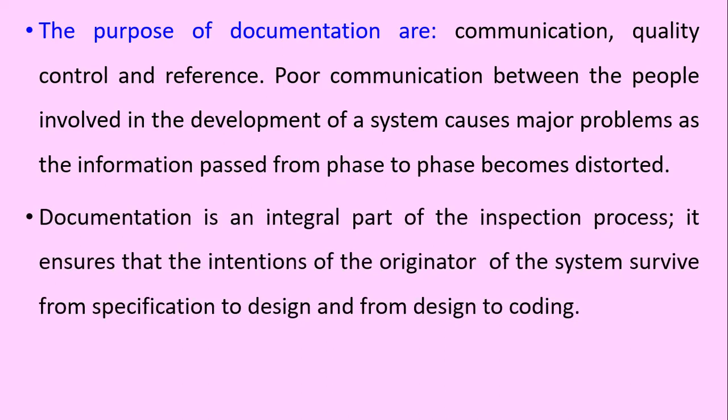Documentation is therefore an integral part of the inspection process. It ensures that the intentions of the originator of the system survive from specification to design and from design to coding.